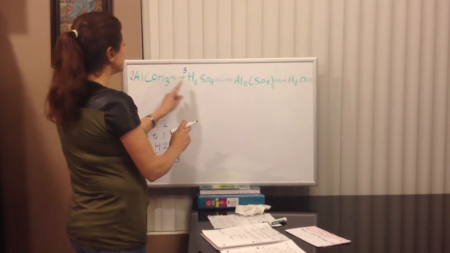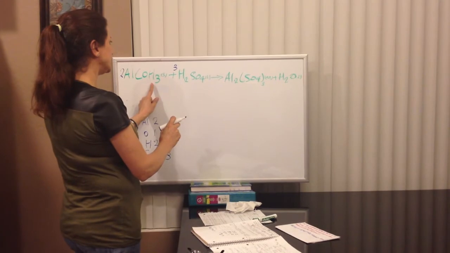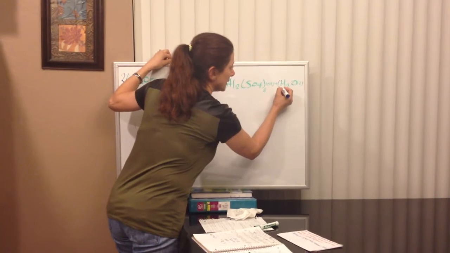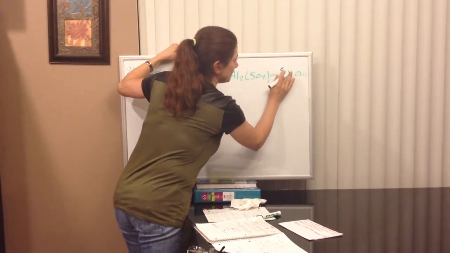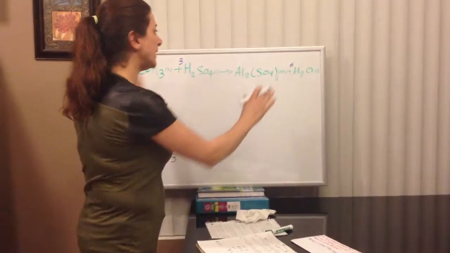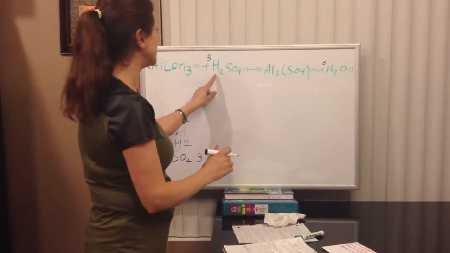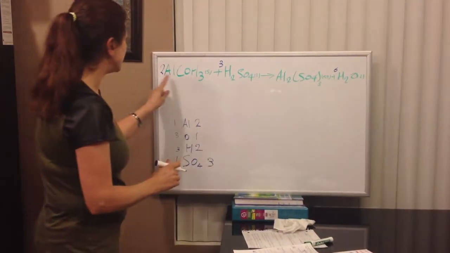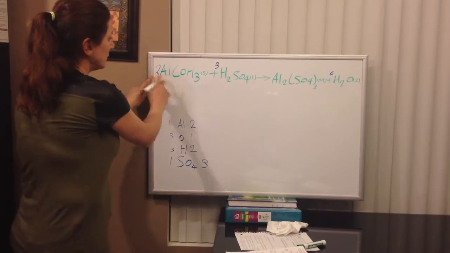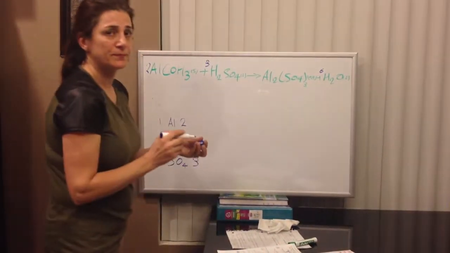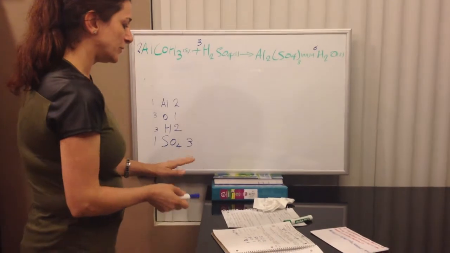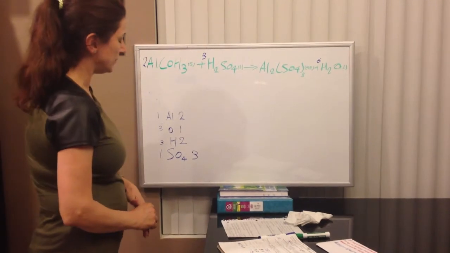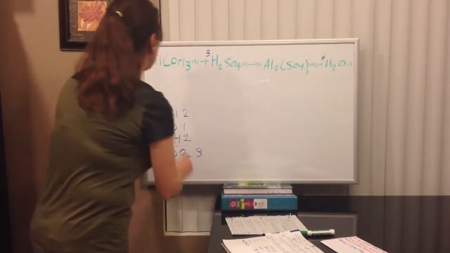I'm going to have 6 hydrogen here, and then I'm going to put number 6 here, which gives me 12 hydrogen here. So I'm balanced with the aluminum and hydrogen and sulfur, and I'm balanced with the oxygen as well, because I have 6 oxygen here and 6 oxygen here. So for balancing I'm okay, and now I'm going to start finding the limiting reactant.